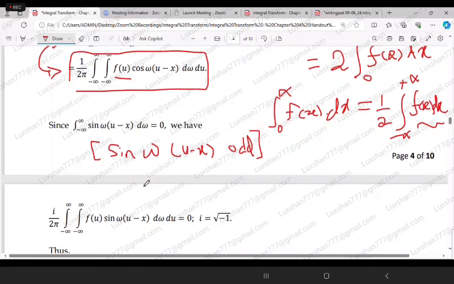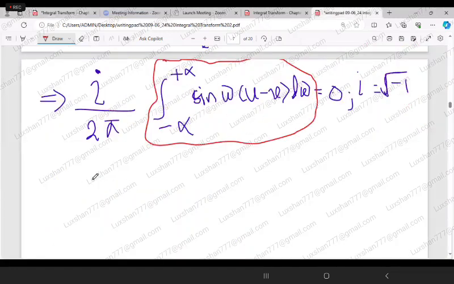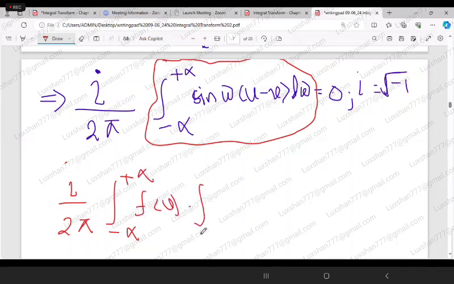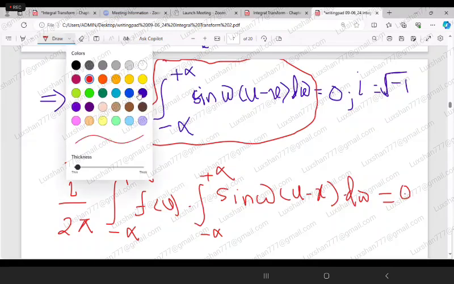Therefore, what you can do, you can say that, because this part is 0, no? This part is 0. Therefore, from this one, you can say i over 2 pi, integration from minus infinity to plus infinity of f of u, integration from minus infinity to plus infinity of sine omega (u minus x) d omega equals 0, because this part is 0 again.